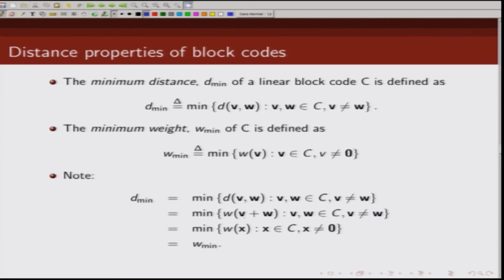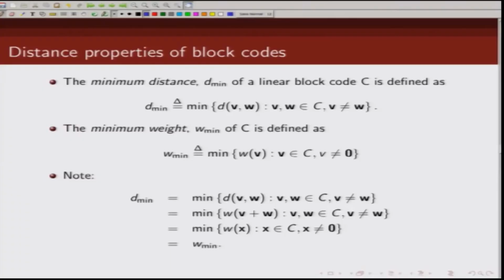Now, since we are talking about linear block codes, the sum of two code words is also a valid code word. So, V plus W is going to be another valid code word belonging to this linear block code C. So, we can write this as the minimum weight of a code word X belonging to this linear block code, where X is a non-zero code word.